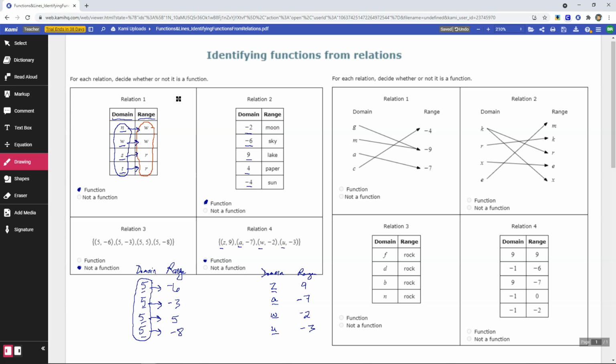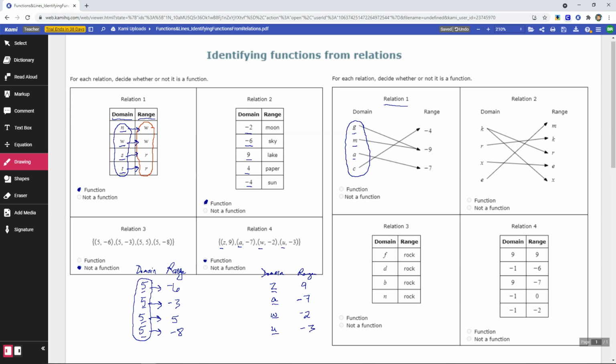Going over to this relation, again, we have it set up a little bit differently here. Instead we have the domain and then we have arrows pointing to the range. The range only has 3 values, but we have 4 different values for the domain. Again, we look first to see, are all of the values in the domain unique?